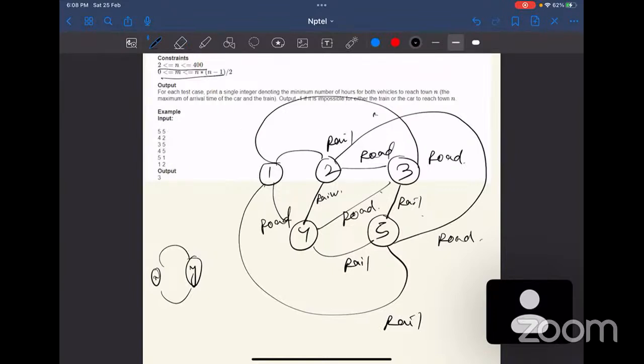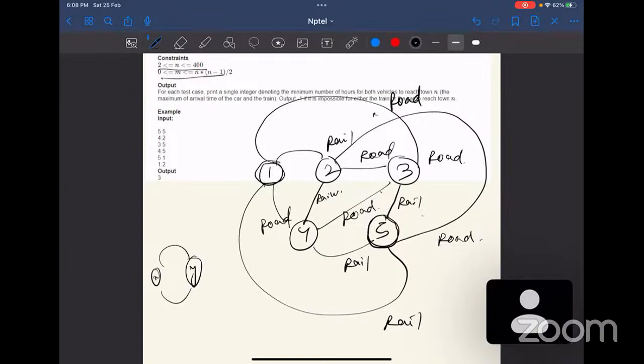Now, from 1, both the car and the railway start, and we want to reach 5. What is the minimum time that the car takes if we consider the road path? We have a road from 1 to 3 as well.